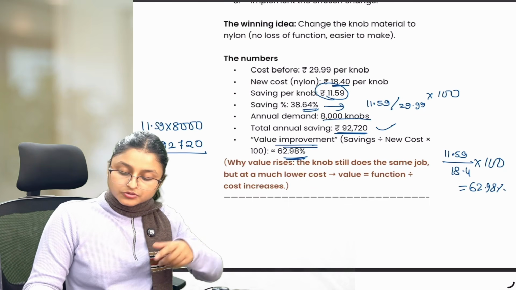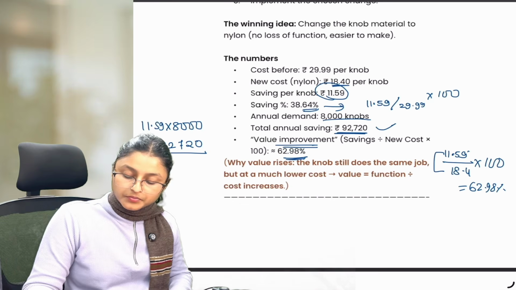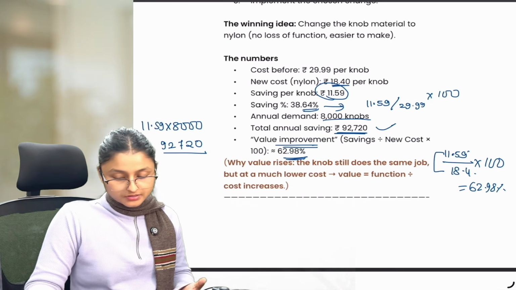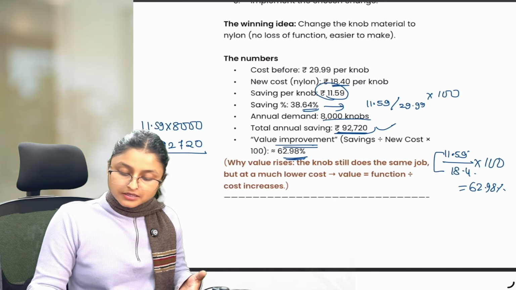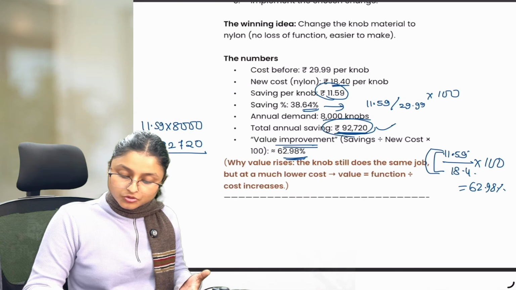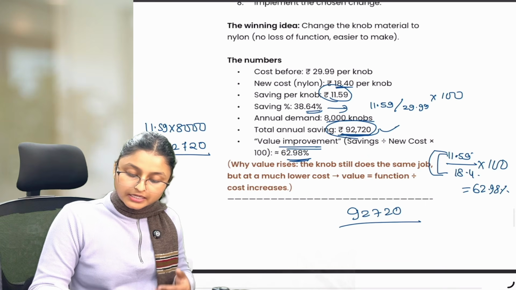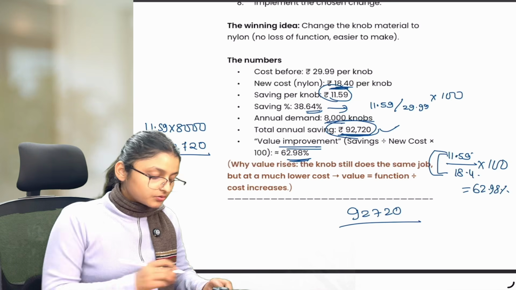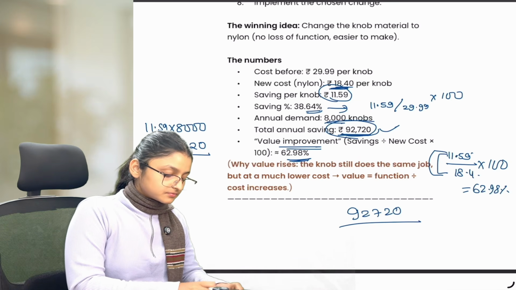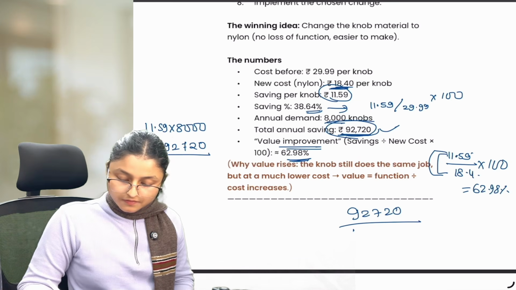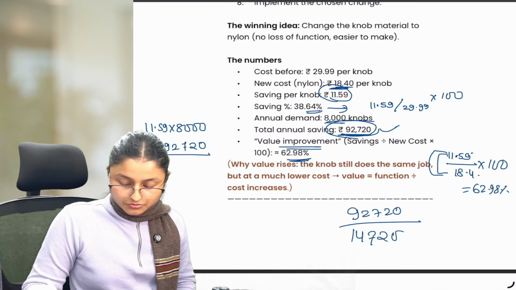You can calculate this value improvement on a per unit basis or on a total basis. On a per unit basis, we have calculated already. On a total basis, we'll take the total annual saving divided by the current cost, that is 18.4 into 8,000, that is equal to 1,47,200, into 100.